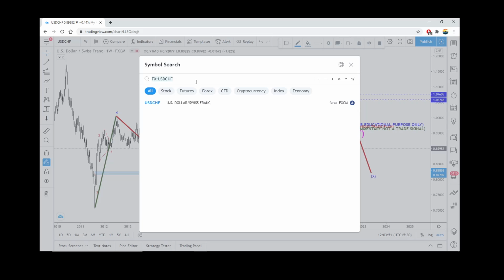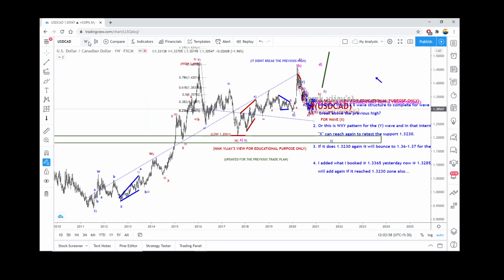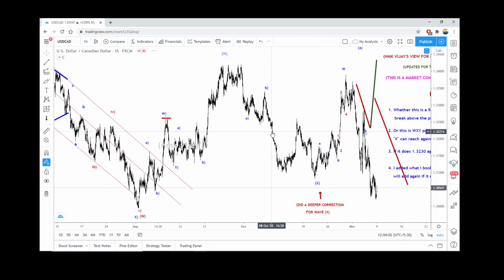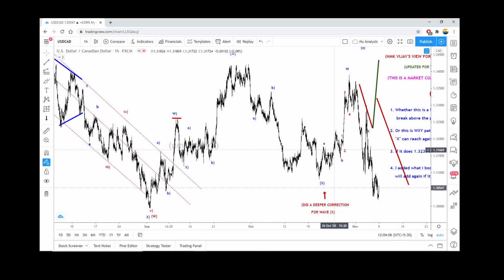So now we will just move on to USD CAD. USD CAD, I'm still suffering from this. I'm just keeping it, I haven't done anything. Here I booked the profit as I said, and again I bought back everything within this zone.